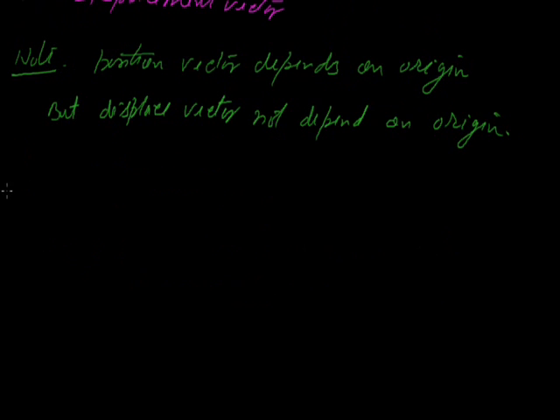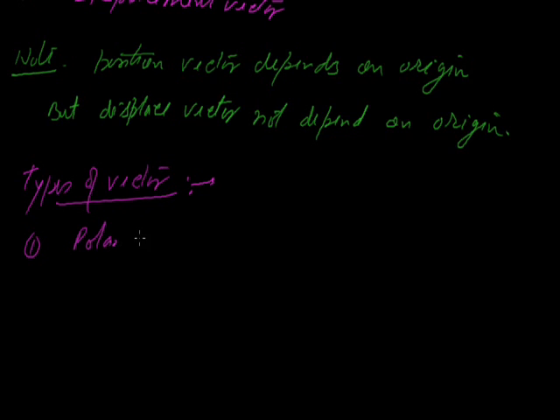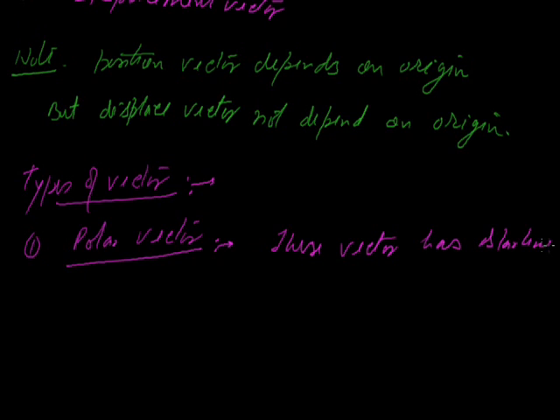Now types of vector. The first one is the polar vector. These vectors have an initial point, a starting point, or point of application.